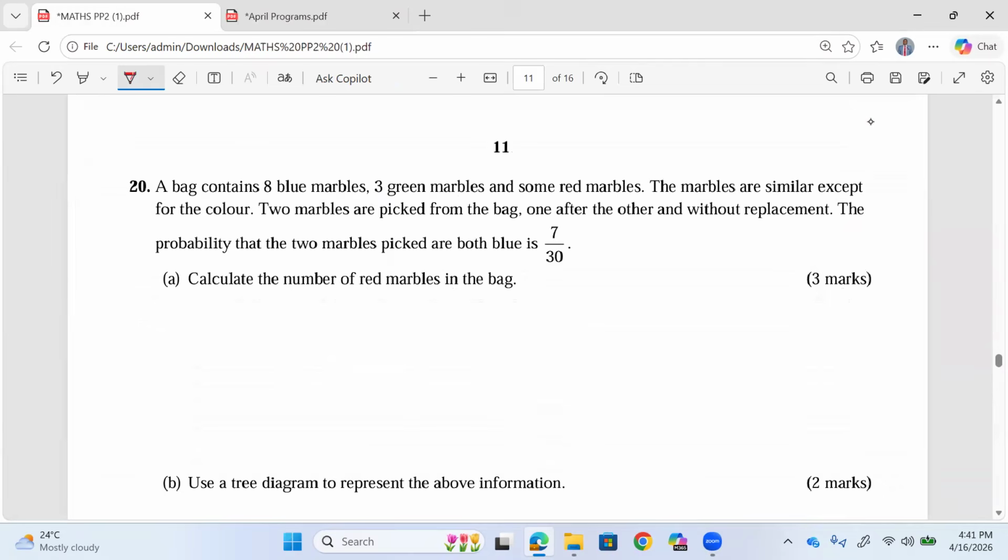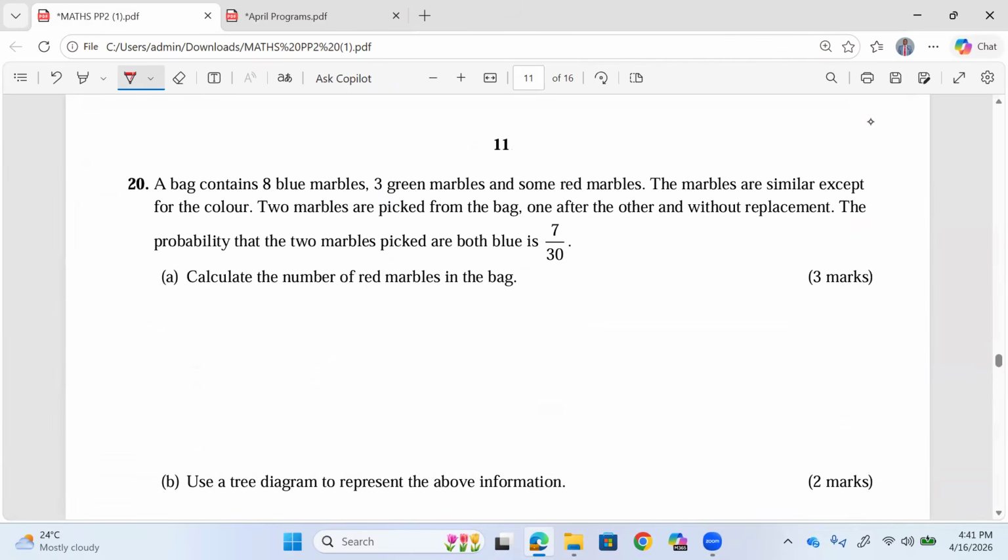Checking number 20, not 26, sorry. Don't know where 26 is coming from. Okay, number 20. A bag contains 8 blue marbles and 3 green marbles and some red. Underline that. And some red marbles.